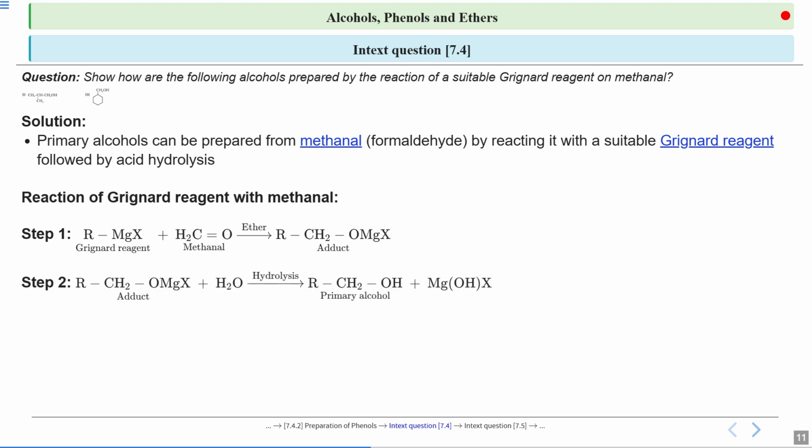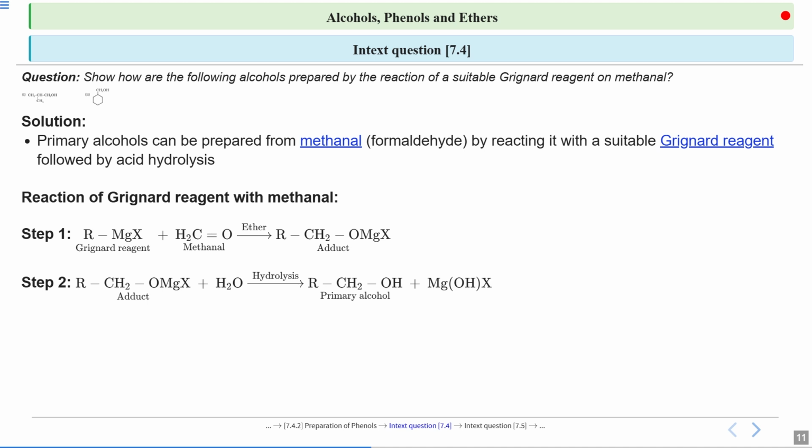Then step 2 involves the acid hydrolysis of the adduct. So we take the adduct we just got in step 1 and react it with the water molecule, and it undergoes the acidic hydrolysis process, and you will get your primary alcohol as your major product, plus MgOHX will be your side product.